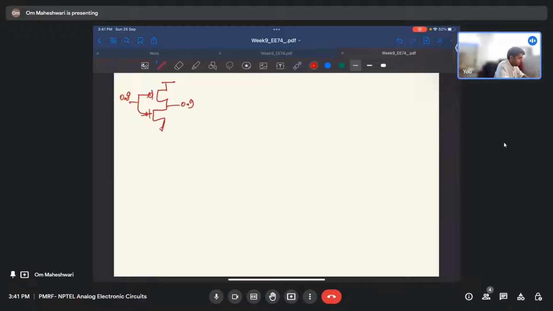So VGSN equal to 0.9, VSGP equal to 0.9 volt, VDSN equal to 0.9, VSDP equal to 0.9.